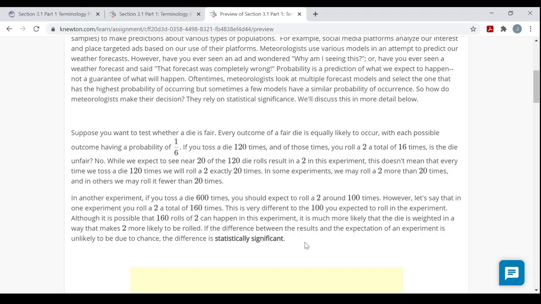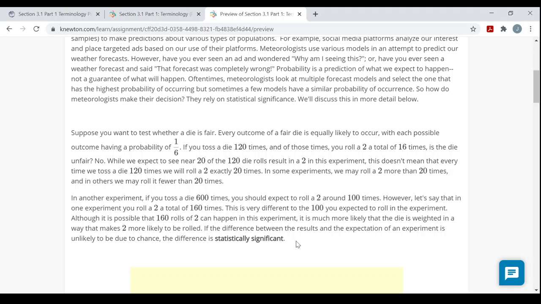So again, with that example with the apples earlier, the farmer expected a 100 gram average mass. But he took a sample of 150 and got 98. Now, in that particular experiment, that was considered far off of his expectation, so statistically significant.